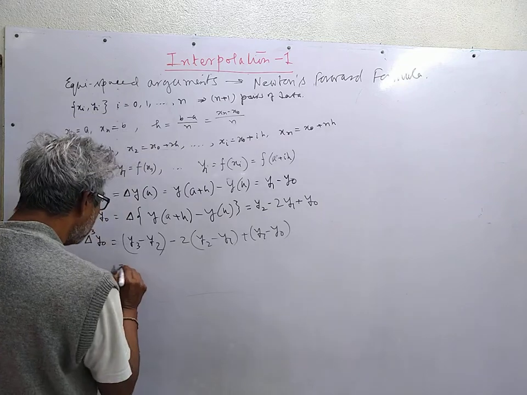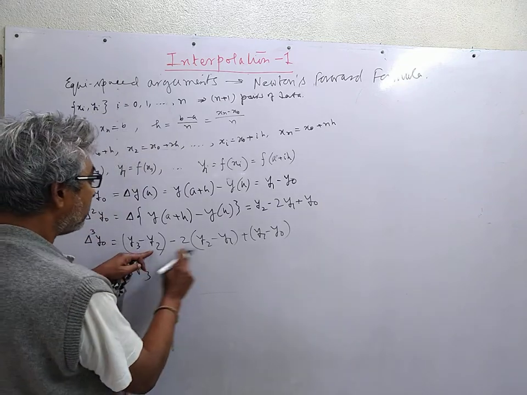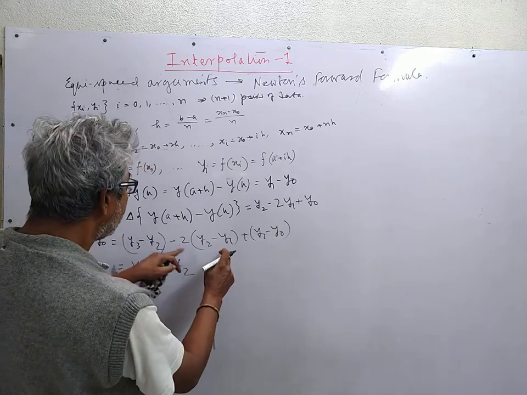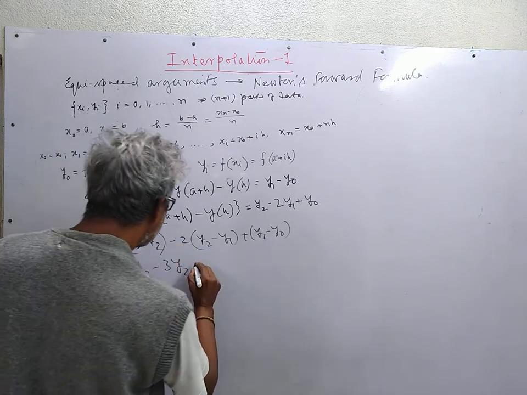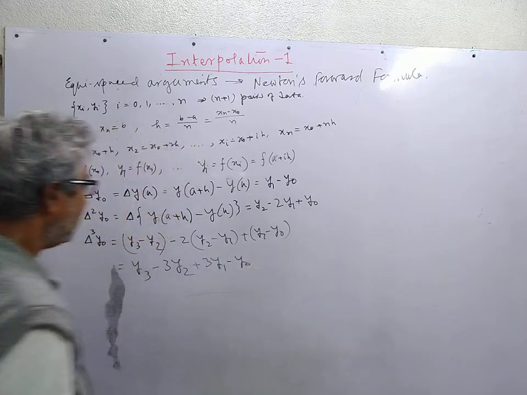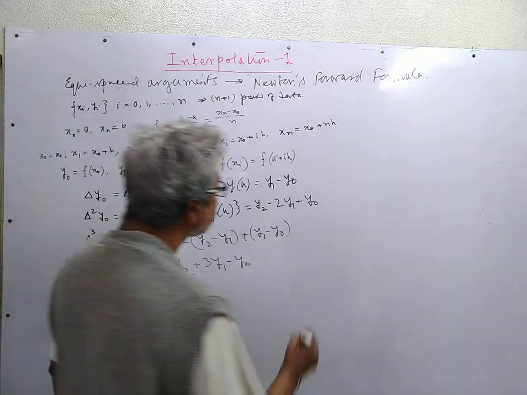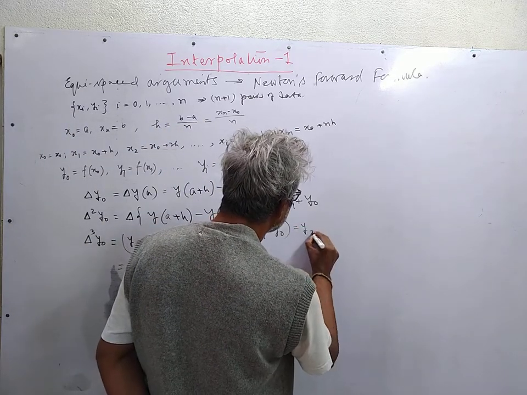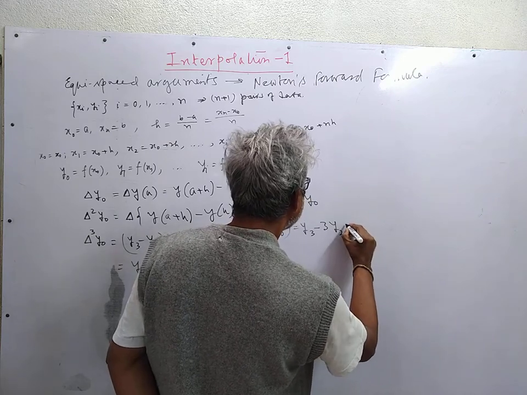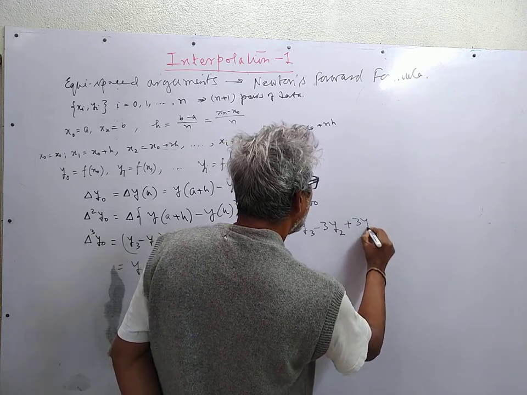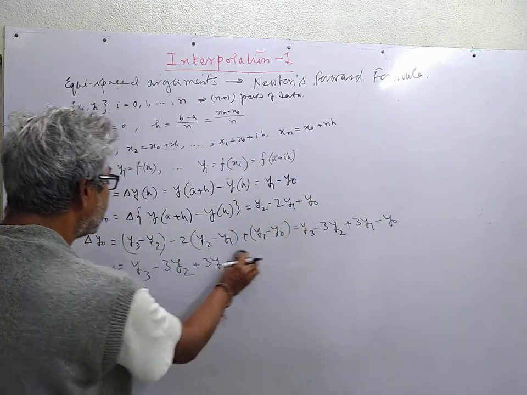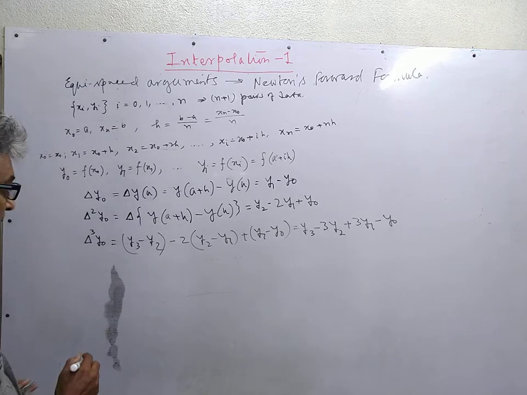So this becomes y3 minus 3y2 plus 3y1 minus y0. Exactly the binomial theorem is being reproduced.